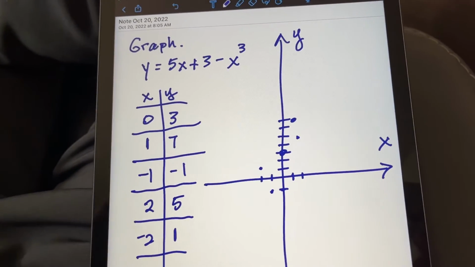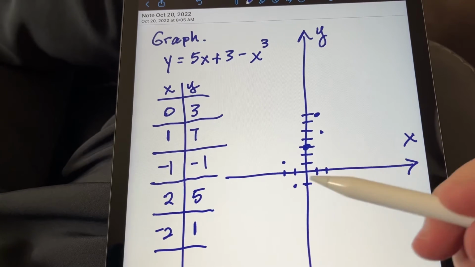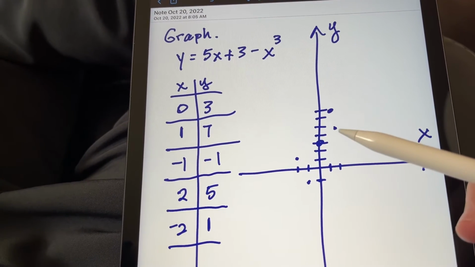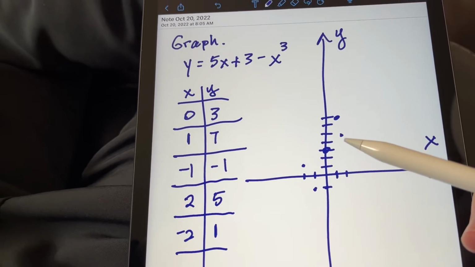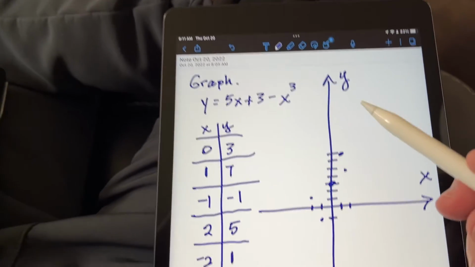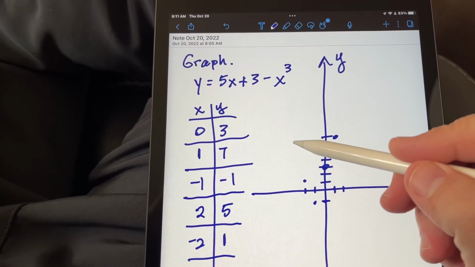I've even taken the liberty to go ahead and plot these points over here. Now, if I follow this, I've got a point here, here, here, there, and there. So I could connect these. Let me connect these and try to film at the same time. It's going to look something like this. It's coming down.